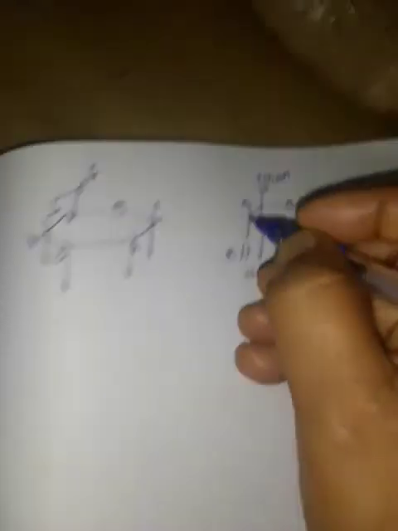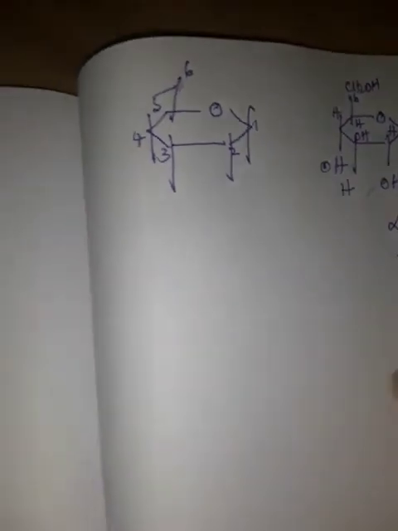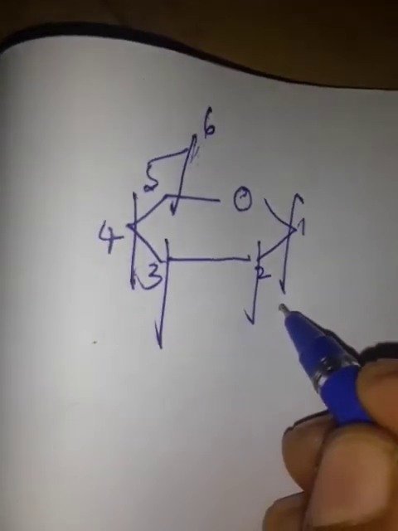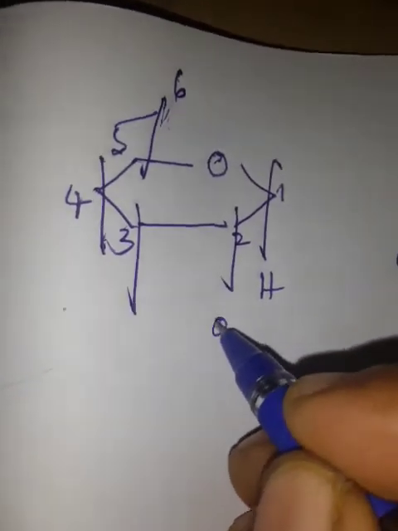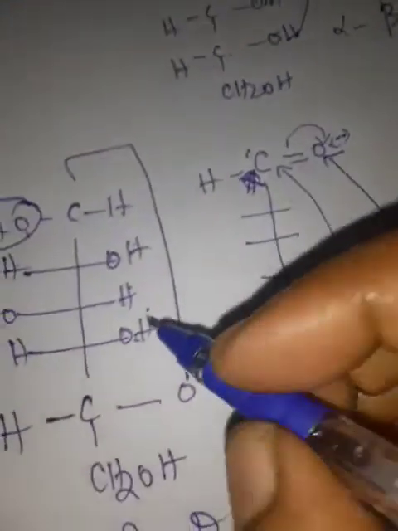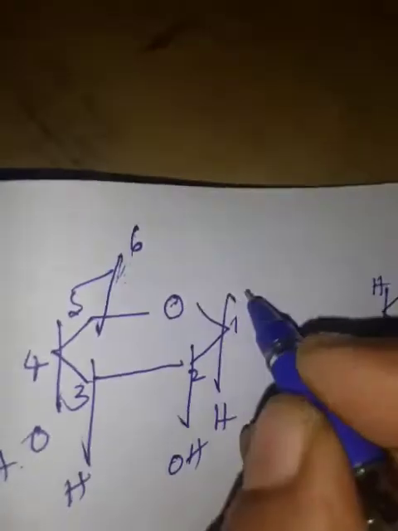This is alpha D glucose. Similarly for beta D glucose, with OH down and H up as appropriate, and CH2OH at the sixth position. These are the anomeric forms.